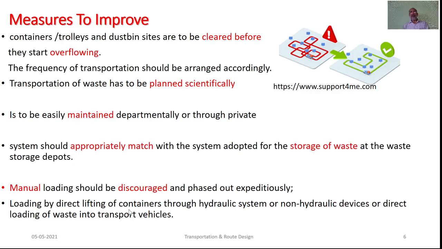Loading by direct lifting of the containers through hydraulic systems or non-hydraulic devices, or direct loading of the waste into these transport vehicles, are some of the factors which need attention as we wish to have manual intervention at its minimum.